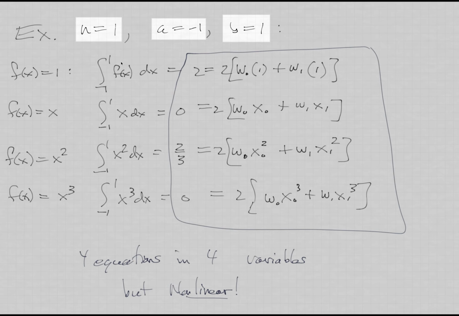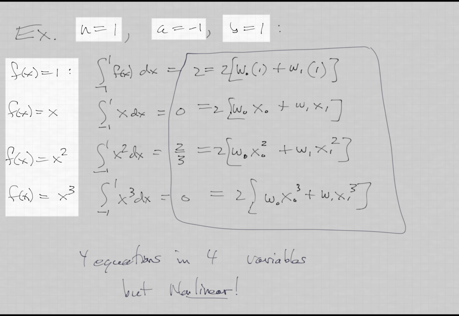Now, because n is 1, we're supposed to get the correct answer for any power of x from x to the 0 up to x to the 3rd power, 2n plus 1. So we should get the exact value of the integrals for all of these functions, right? f of x equals 1, x, x squared, x cubed.